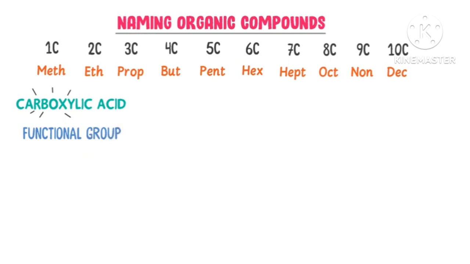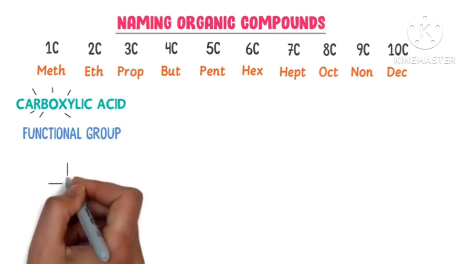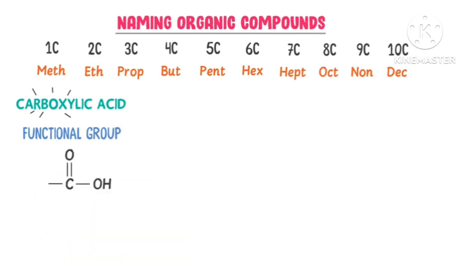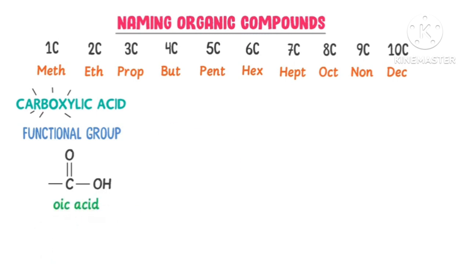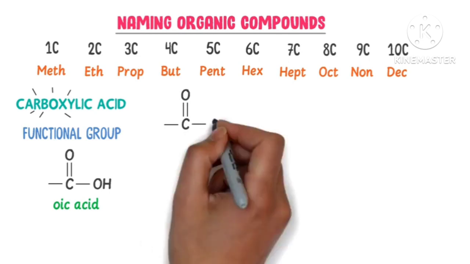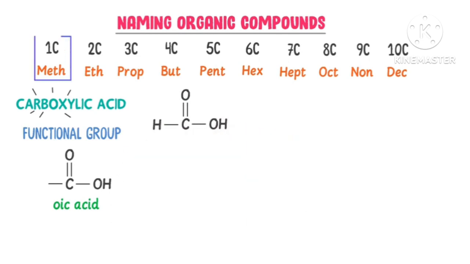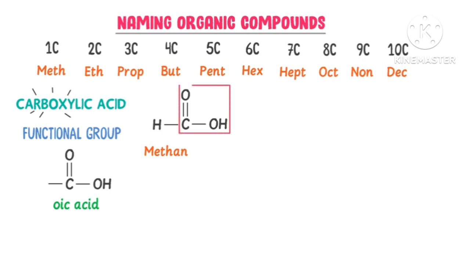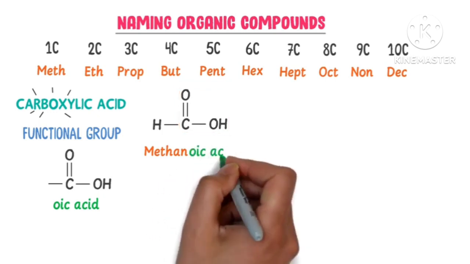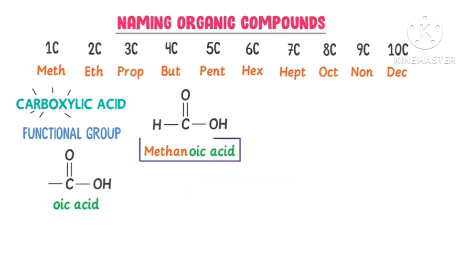The functional group of carboxylic acid is C double bond O single bond OH. We use oic acid for it. For example, consider this compound. There is only one carbon atom. I write methane. This C double bond O single bond OH is the functional group of carboxylic acid. I write oic acid. So I get methanoic acid.